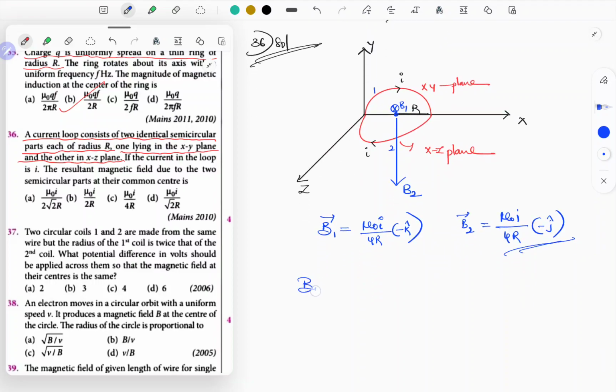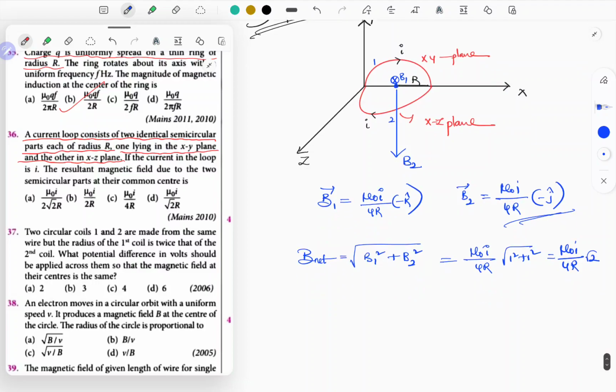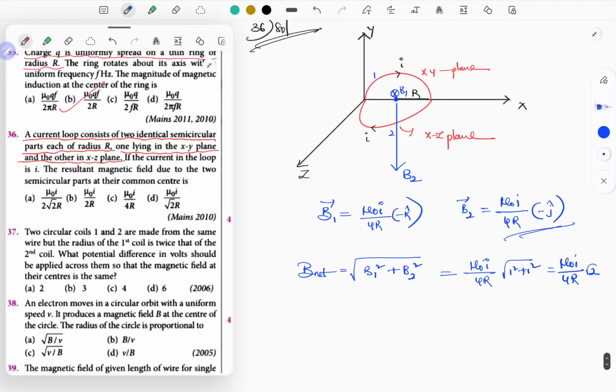As these two are perpendicular to each other, B net is equal to the root of B1 square plus B2 square. Mu naught I by 4R is common. I'm left with mu naught I by 4R times root of 1 square plus 1 square, which is equal to mu naught I by 4R root 2. Is there any such option? No. So I have to convert this.